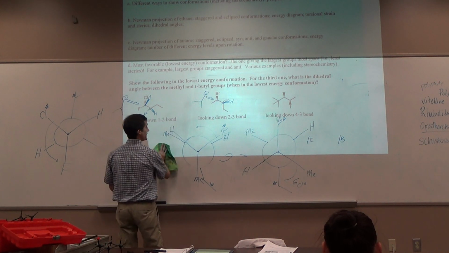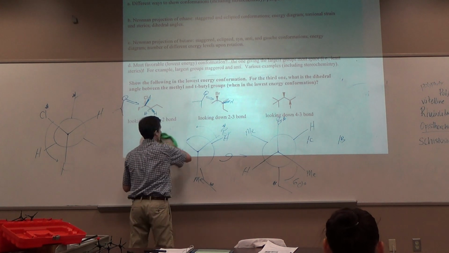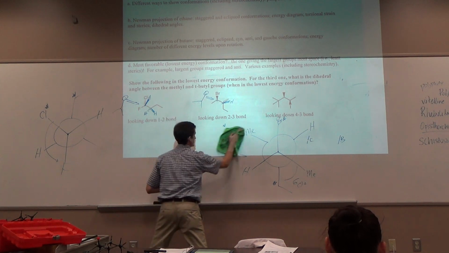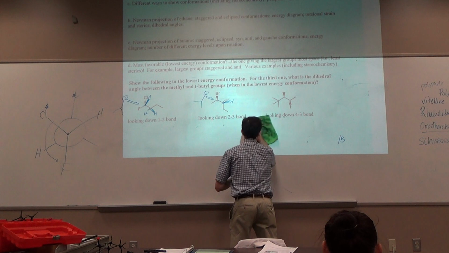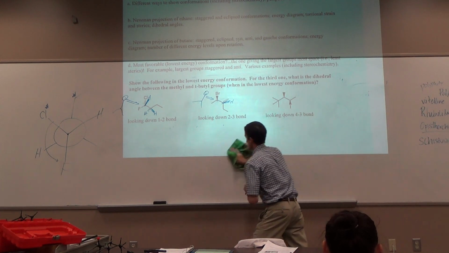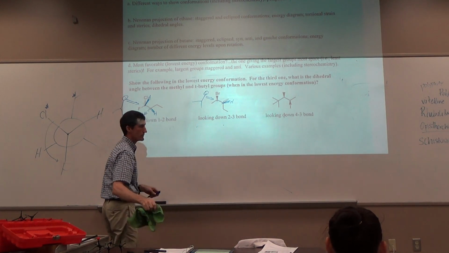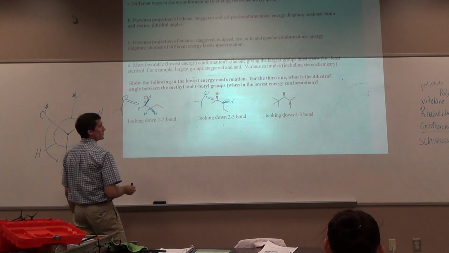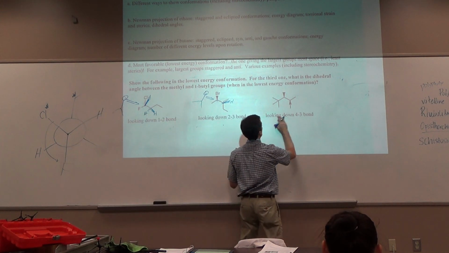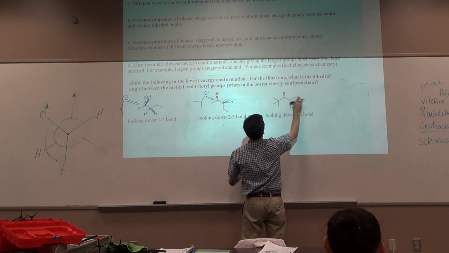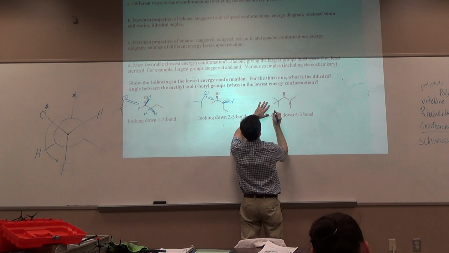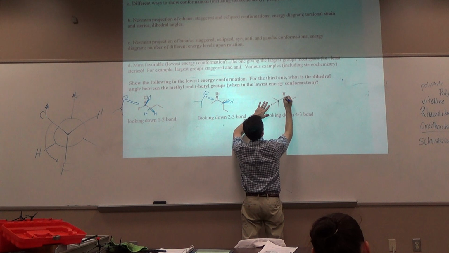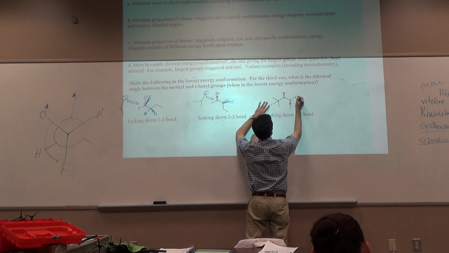Let's draw the third one. Looking down the 4-3 bond. If we name this, would that be 1, 2, 3, 4, 5?